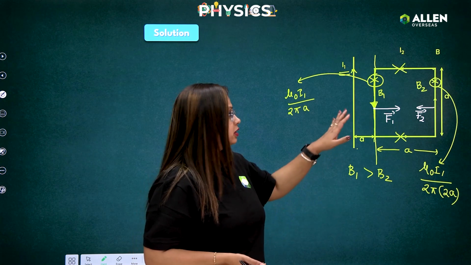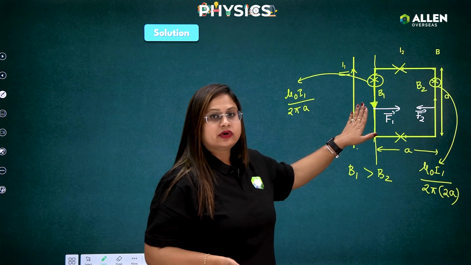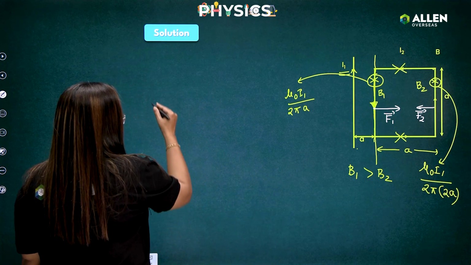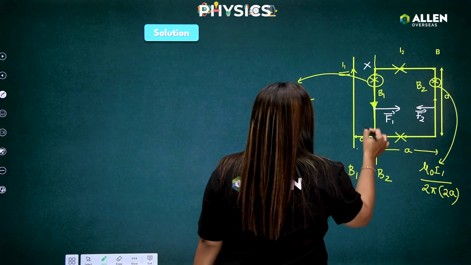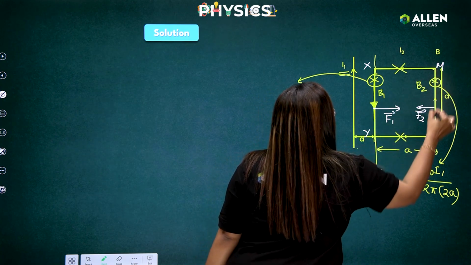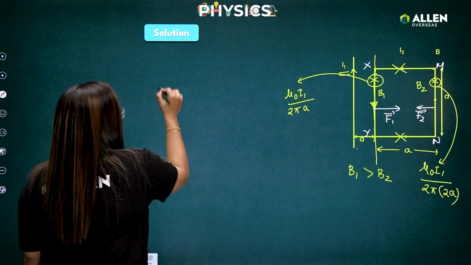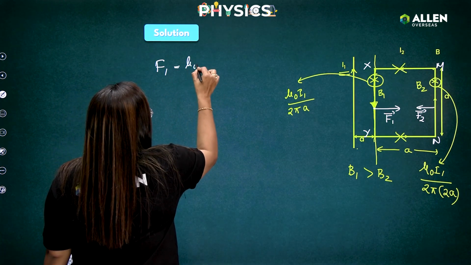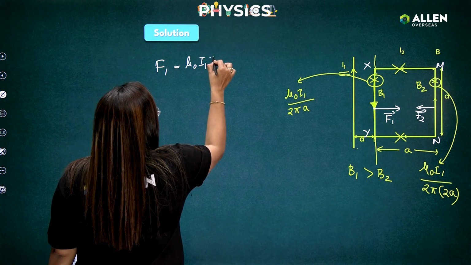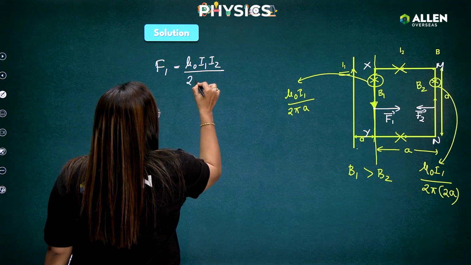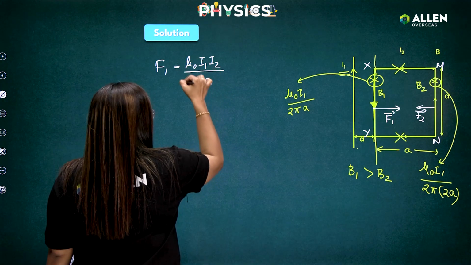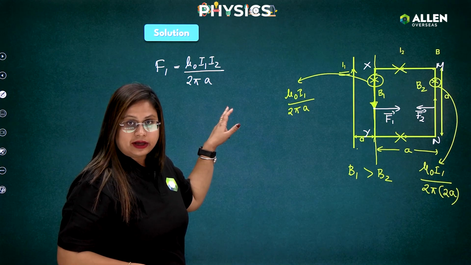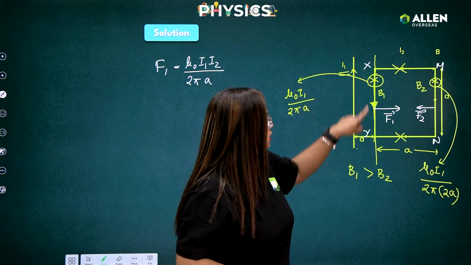So, definitely you know that the force is equal to B I L, we have already studied. I am going to write it as x and y, and this is m and n. We are writing down the magnitude of the force F1 as mu naught I1 I2 divided by 2 pi A, and this expression is again very important because this is the force per unit length, but we are required to find it for the whole length.